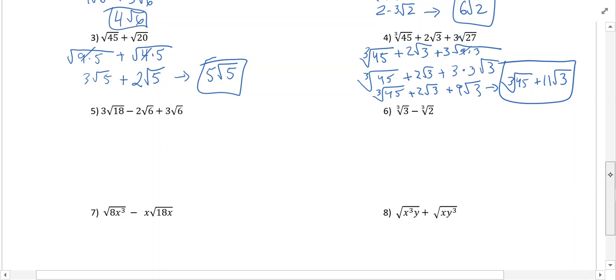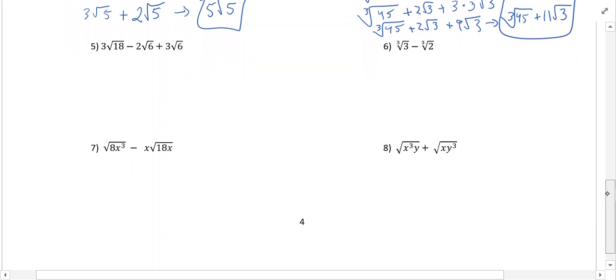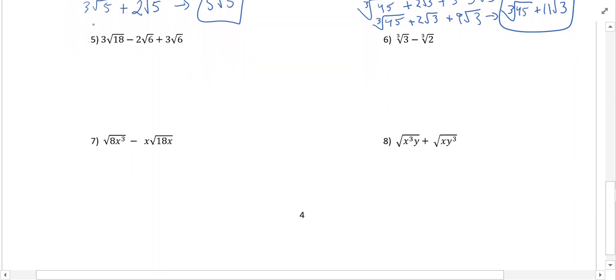All right, so let's take a look at number 5. So number 5 here, again, I want to simplify if possible. So I'm going to get 3 parentheses 9 times 2 would give me 18. So then when I simplify this, I get 3 times 3 rad 2, which is going to give me 9 rad 2. This middle term here, negative 2 rad 6, it's already simplified.